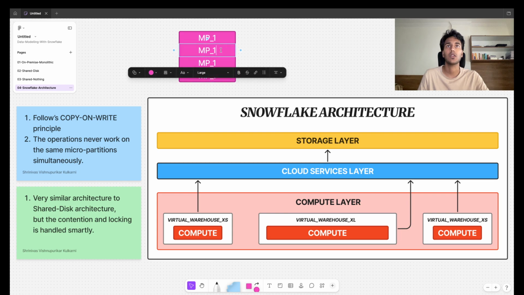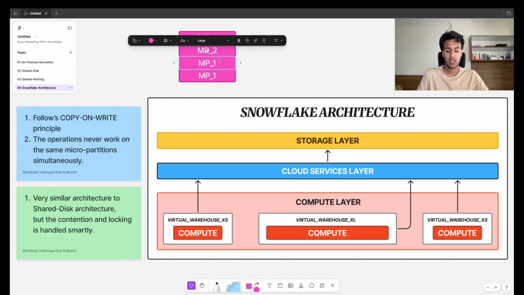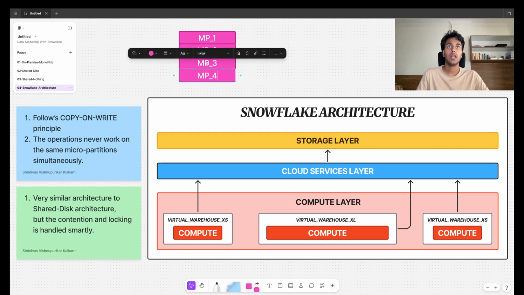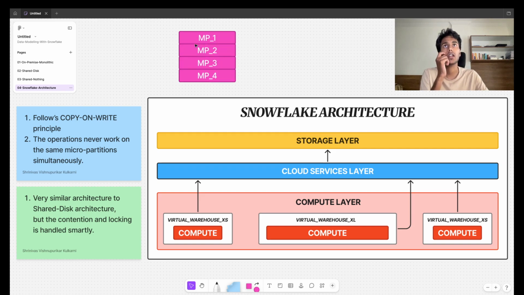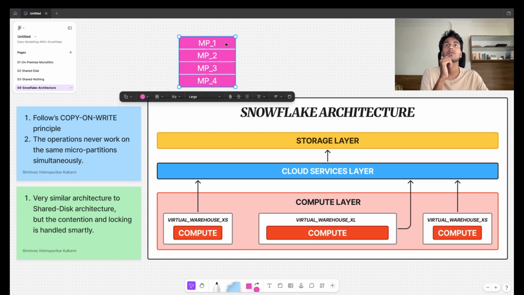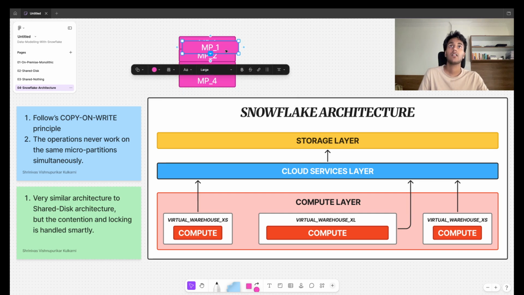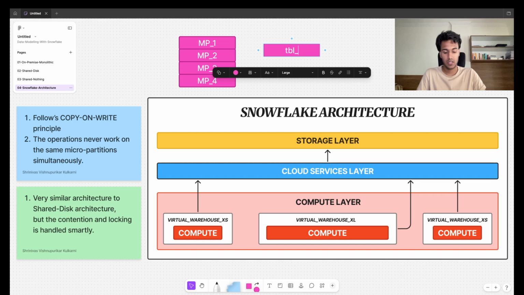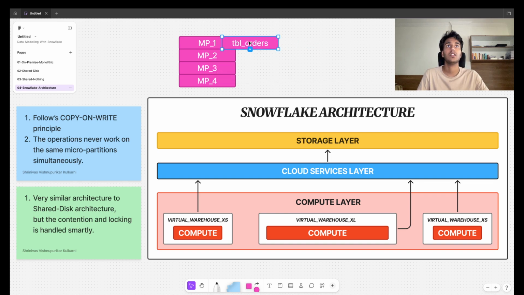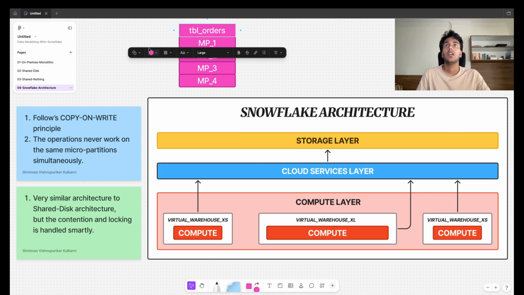So let's say micro partitions 2, 3, and 4 are with the table. Let's call the table orders. So change its color to black.